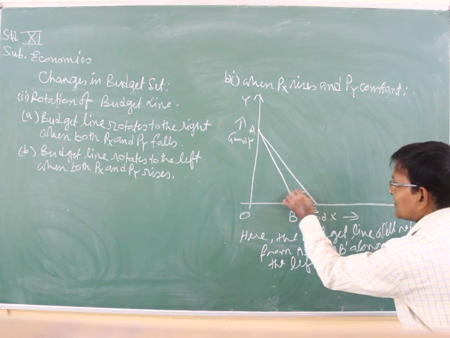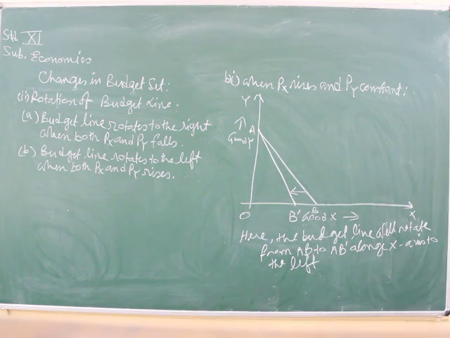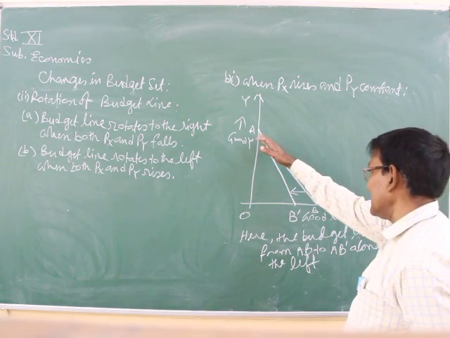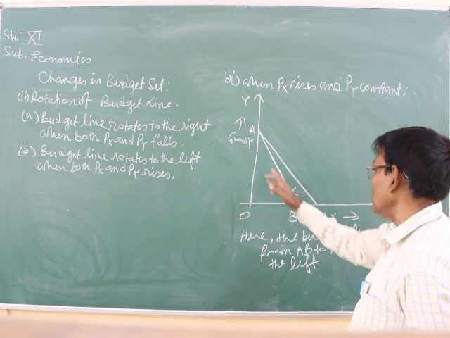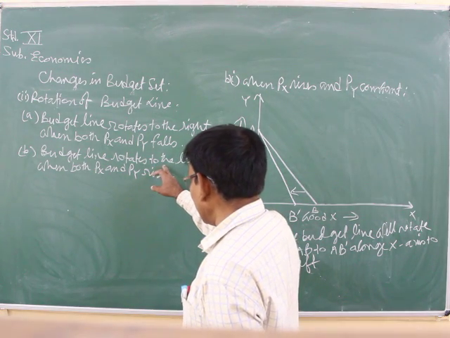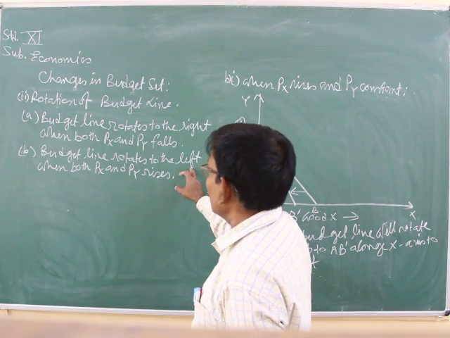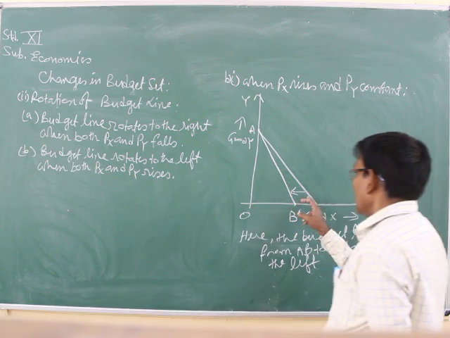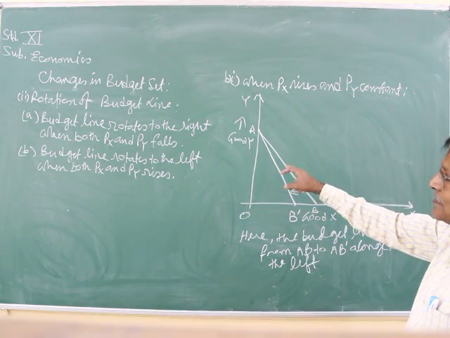In which direction is it rotating? Leftward direction. The original budget line is AB. It is rotating leftwards to AB dash. Therefore, it is told over here only left, it will rotate. So that is matching with this one.